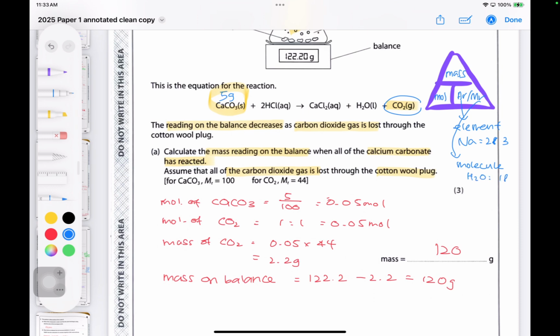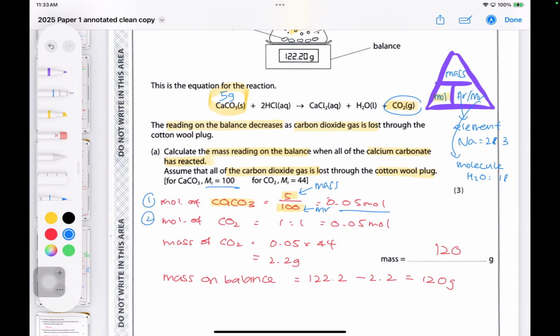So the first thing you want to do is to find out the mole of calcium carbonate. To find mole, we use mass divided by MR in this case, and it's very nicely given to us based on the question. It's a very nice number of 0.05 mole. Okay, so that's step number 1.